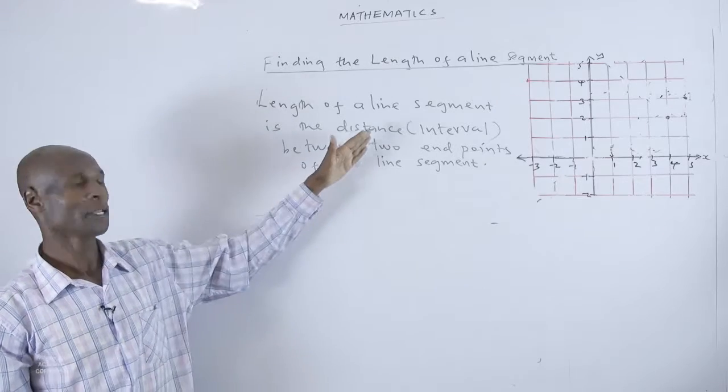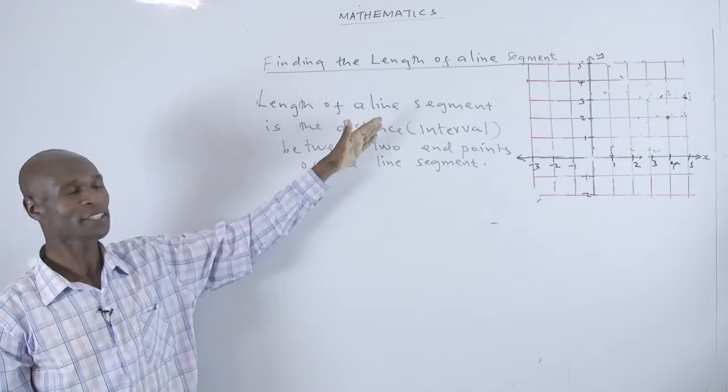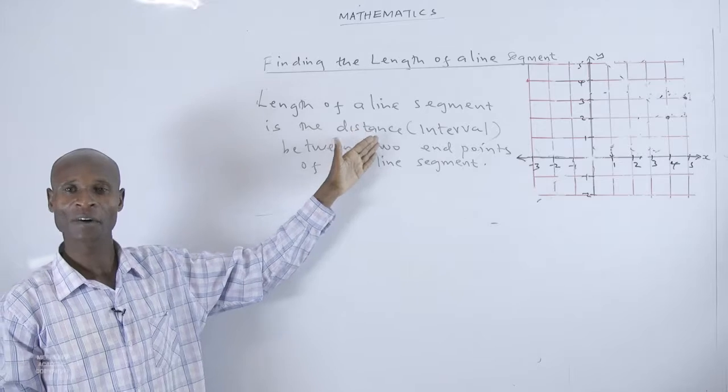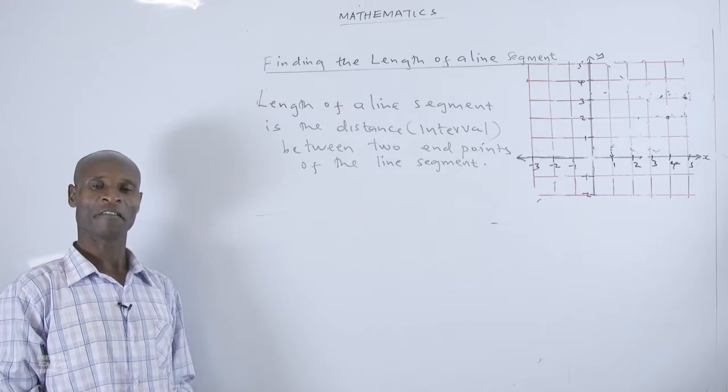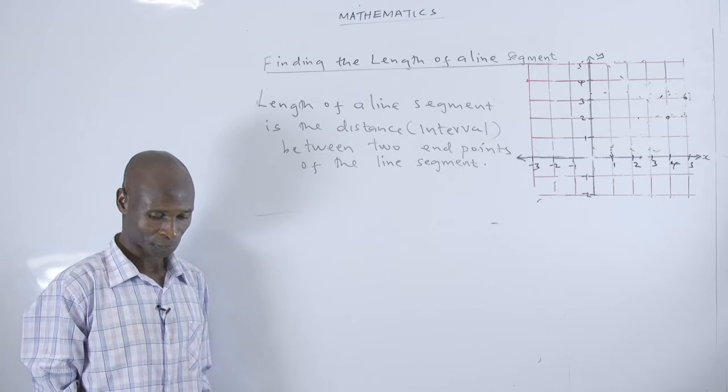So it is simply the distance or interval between two endpoints of the line segment.